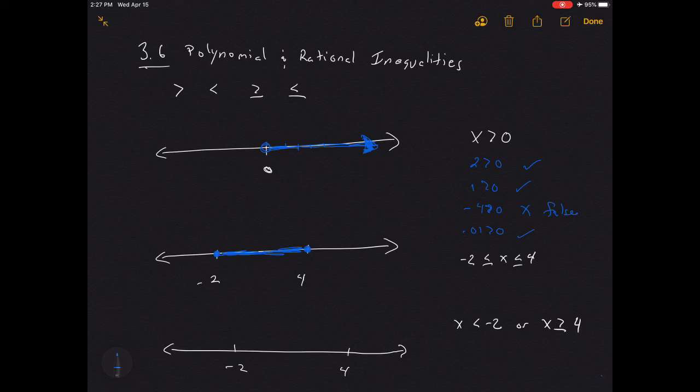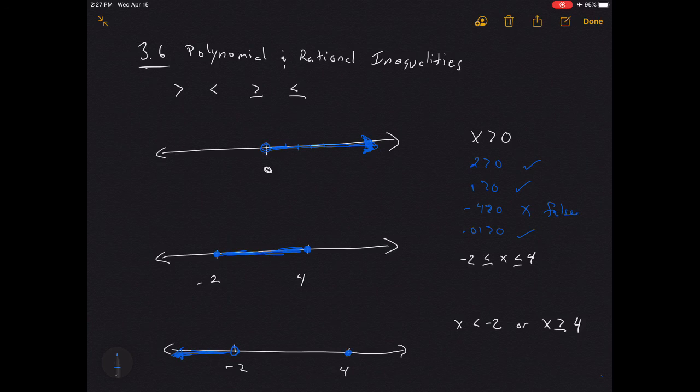So if I want x to be less than -2, that means it's got to be an open circle. And then less than -2 would go to the left from -2. So we would shade that region, and we would put an arrow because that one will go on forever, because anything less than -2 is going to make that part of the statement true. How about if I want x to be greater than 4, greater than or equal to 4, excuse me.